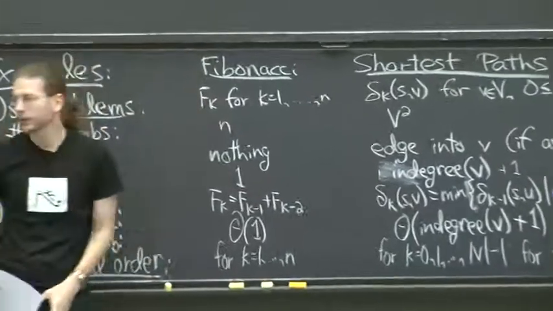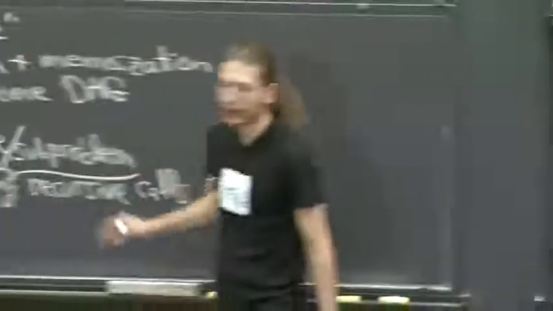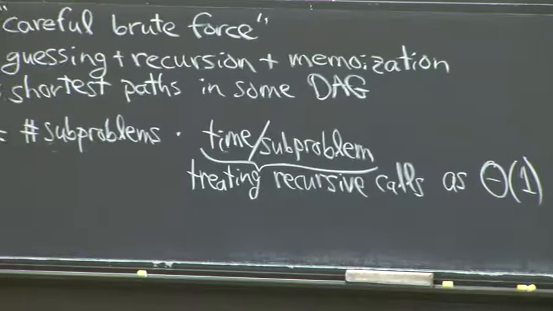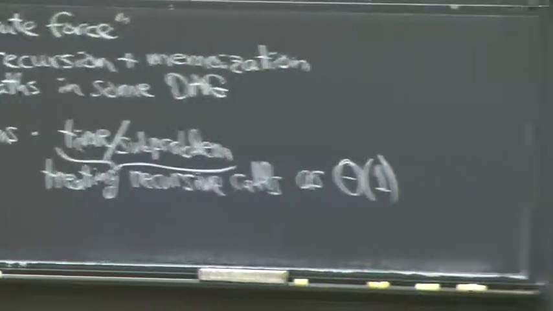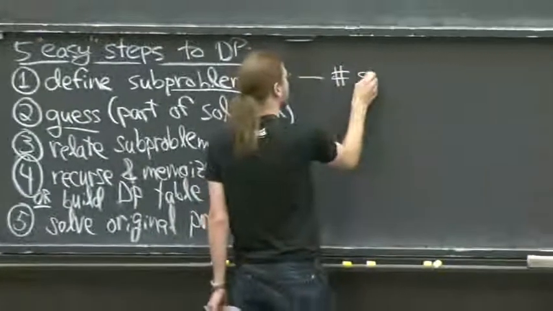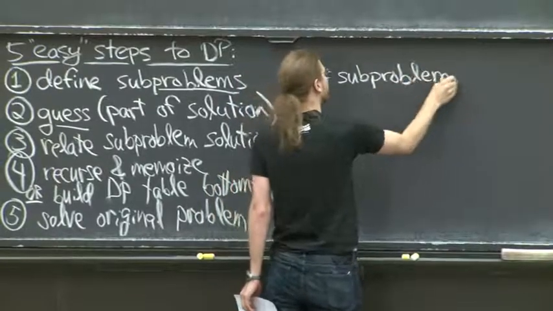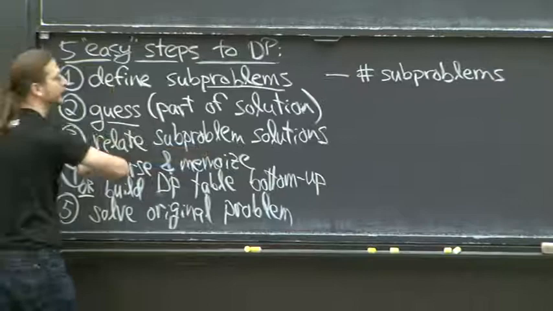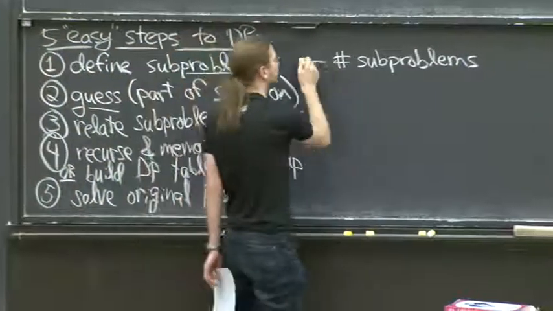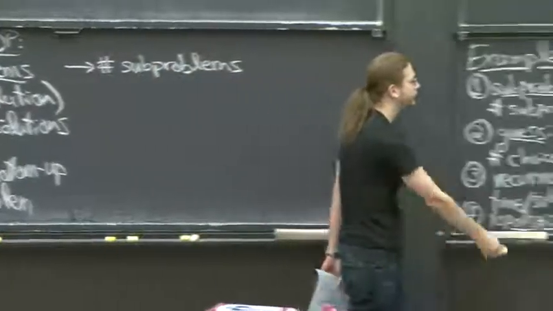And in general, because of this formula, we want to count how many subproblems there are. The number of subproblems is sort of what we need to do algorithmically. And then for analysis, we want to count the number of subproblems for step 1. And so for Fibonacci, there were n of them.